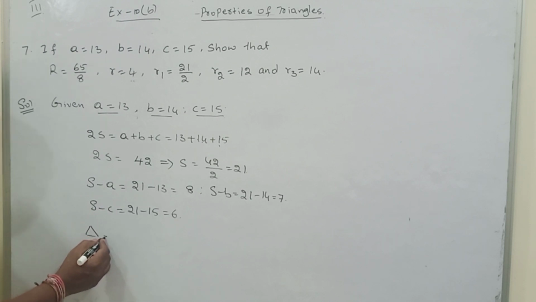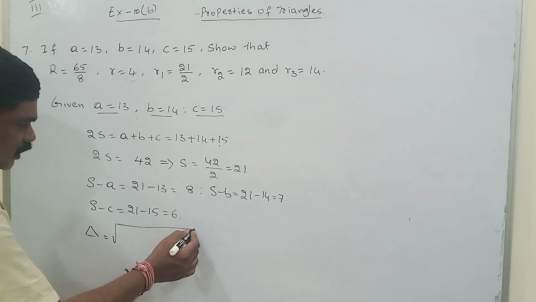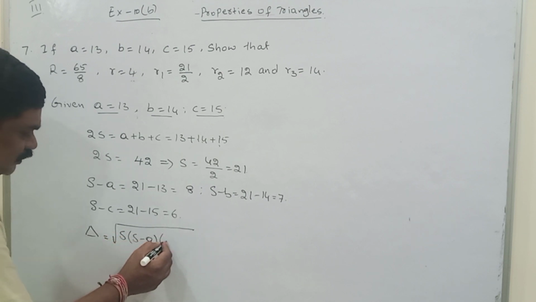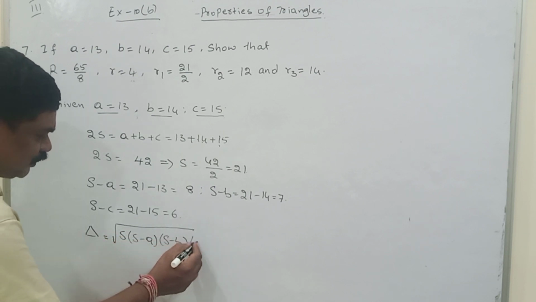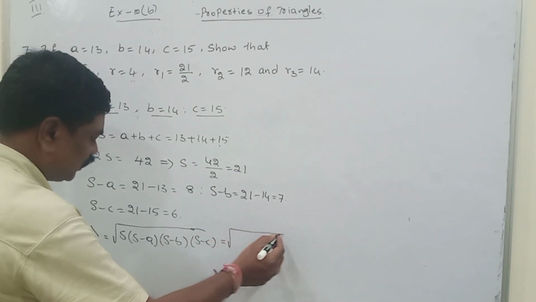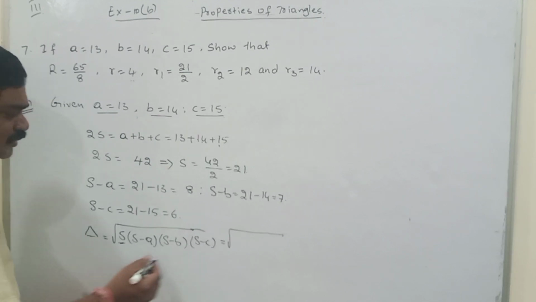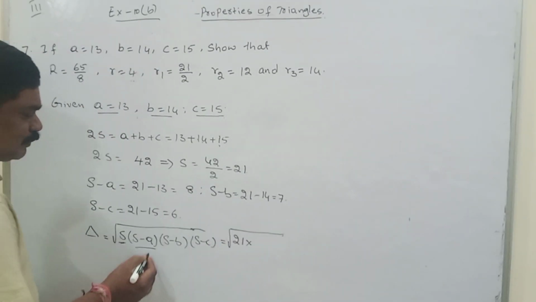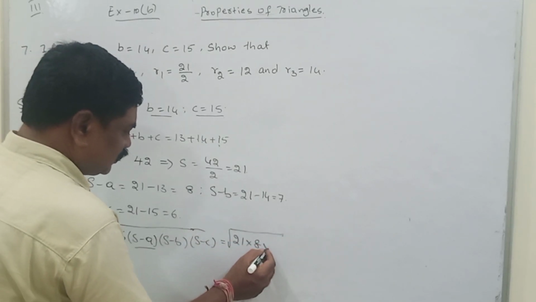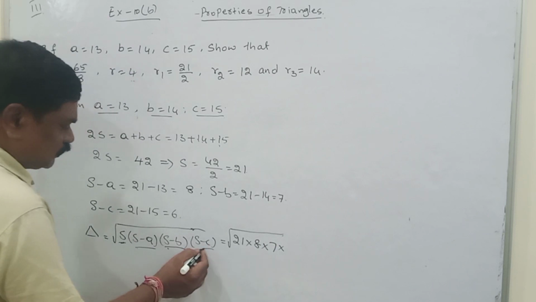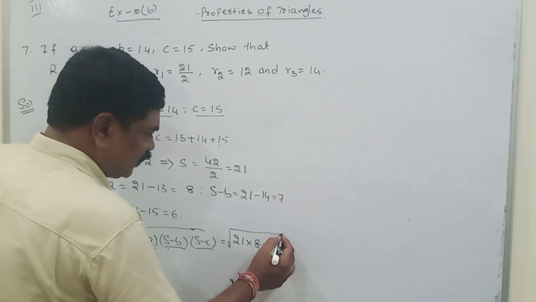You find delta first. Delta is equal to root over S into S minus A into S minus B into S minus C. What is S here? 21 into S minus A 8 into S minus B 7 into S minus C 6.